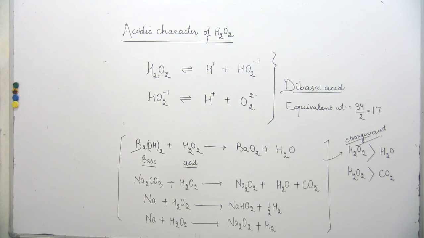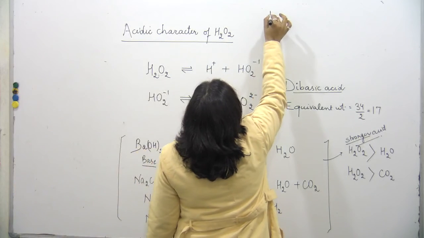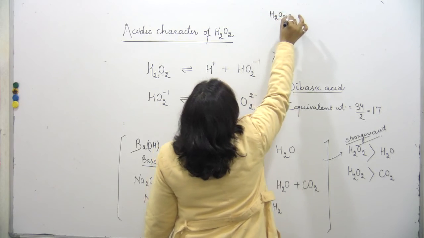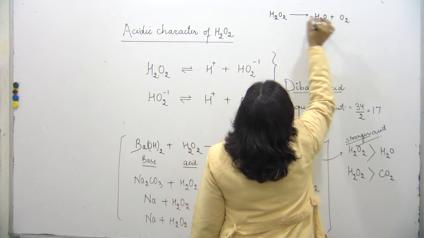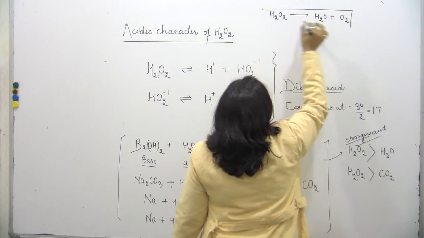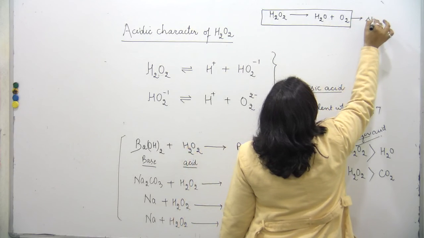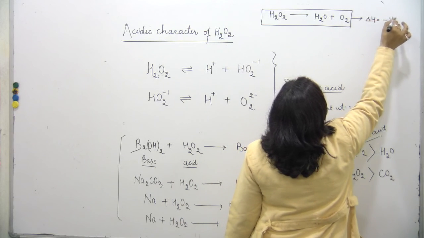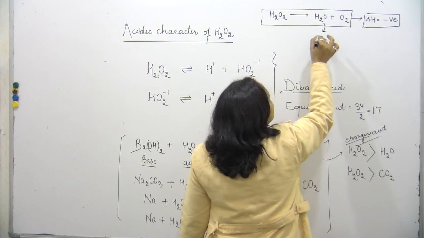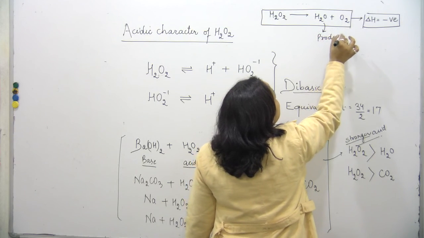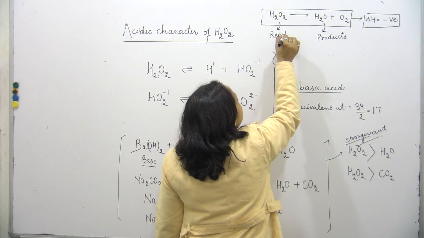Now here we have an important point. I missed that point. If hydrogen peroxide is decomposing, what do you think, must this reaction be exothermic or endothermic? Generally, we know that decomposition is always endothermic. But here decomposition is going to be exothermic because the products formed are more stable than the reactants. The reactant is less stable, the product is stable.